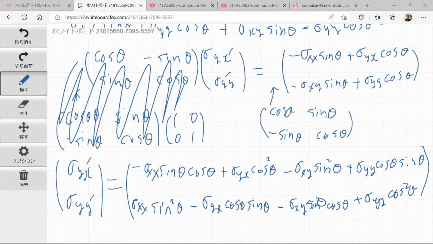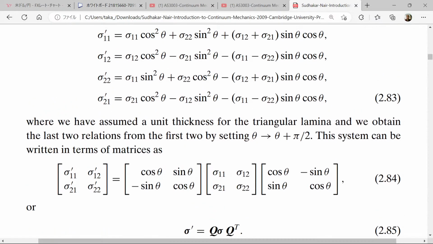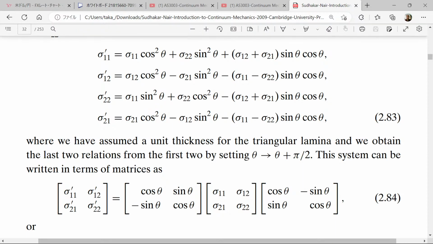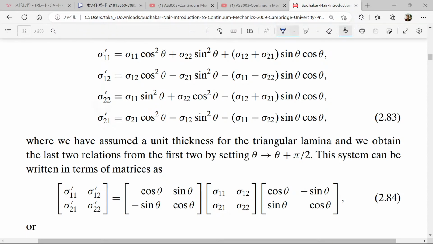So then how do we organize x, y, what is that? So we do this.